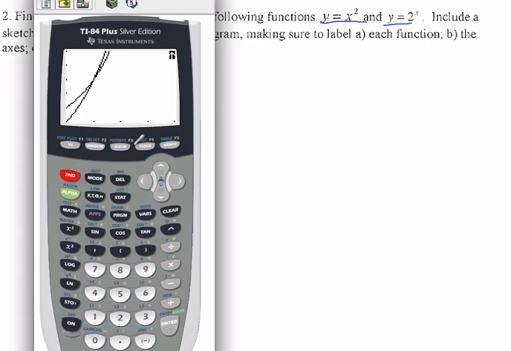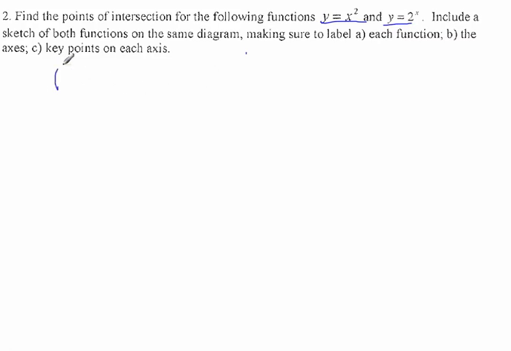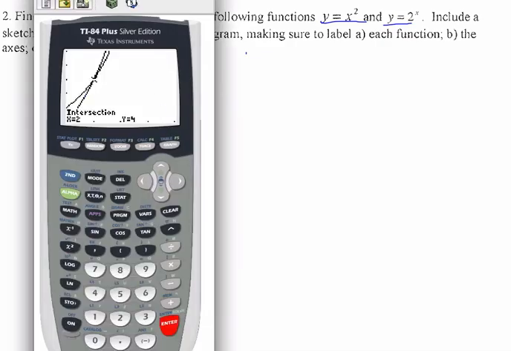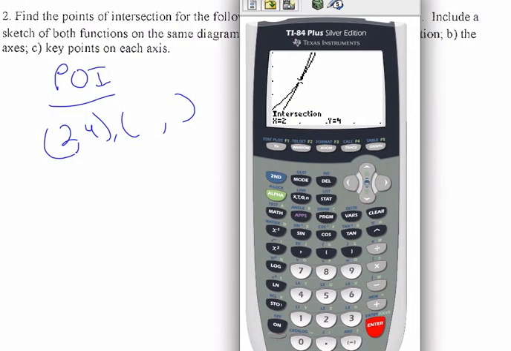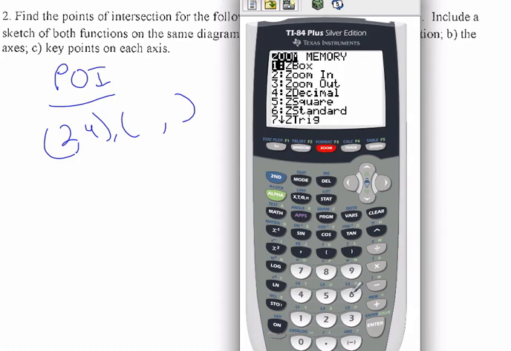The point of intersection. So let's go to second function, trace, and then I'll go to 5. And I'm going to press enter, enter, and enter again, and it's 2, 4. So 2, 4 is a point of intersection, and the other one we'll get in a second. Let's go back to zoom 6, zoom standard.